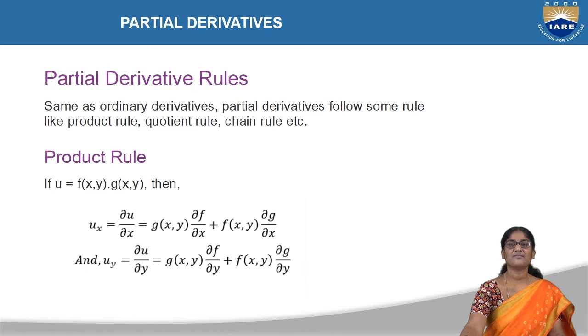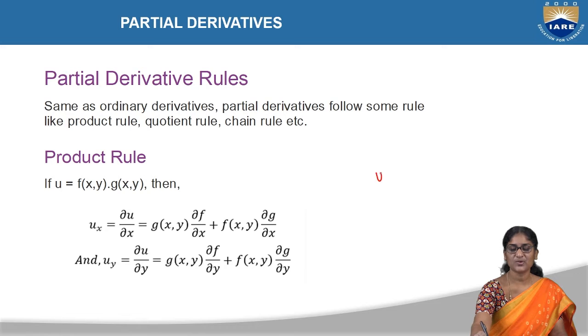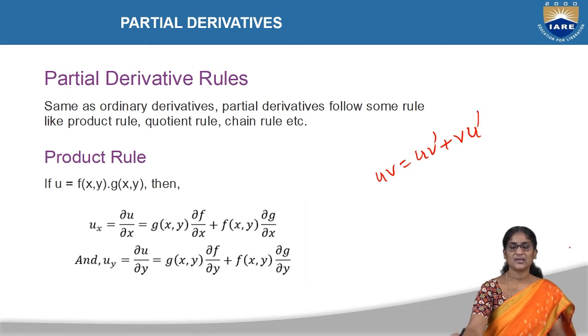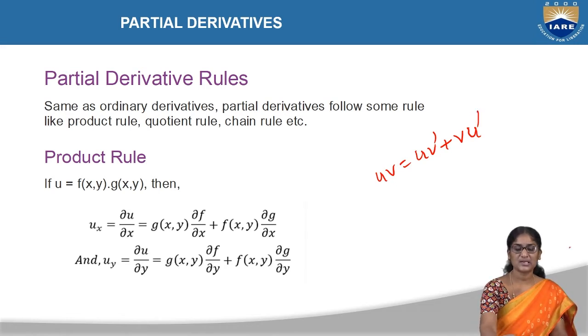So let us find out what the rules are. The rules are quite often similar to the rules of the ordinary derivatives, like the product rule. We all know that the derivative of u into v is u into v dash plus v into u dash, and these rules are the same. Suppose u is the product of two functions f into g, where f and g are based on x, y.